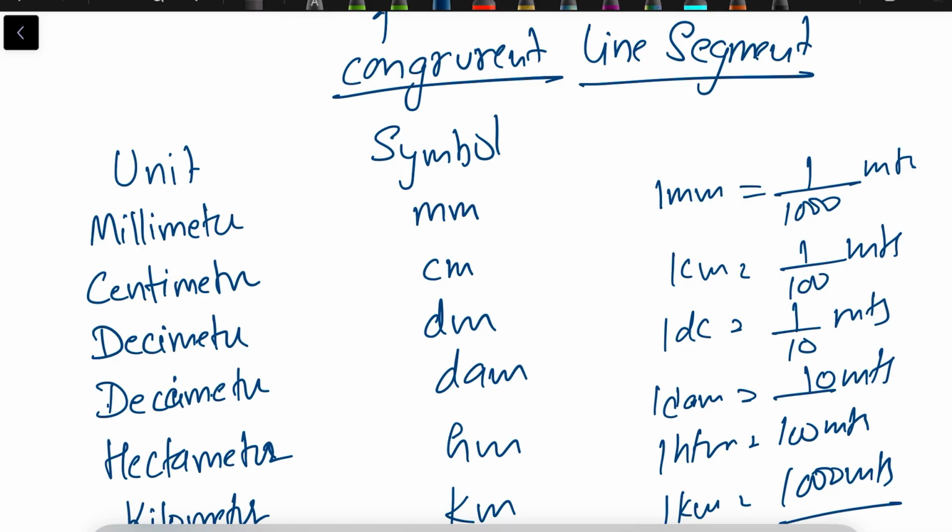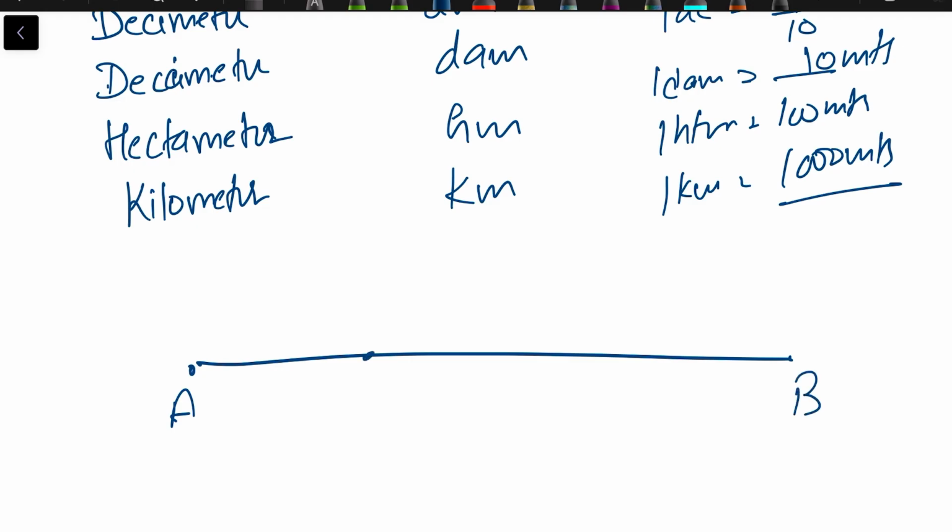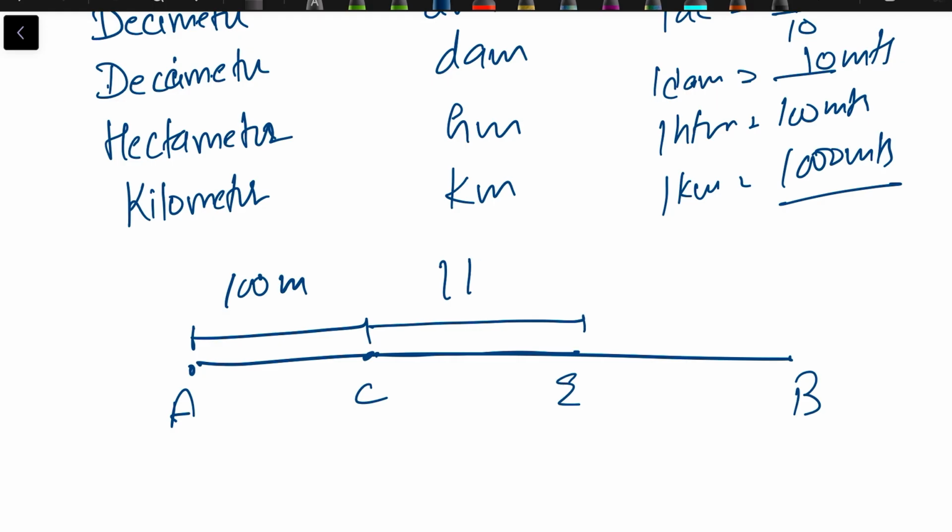And one more thing, how we will represent this. If a person travels from point A to B, and when he reaches point C, the distance is 100 meters. Then he reaches point E, the distance is 1 kilometer. Another stretch he travels is 5 kilometers.